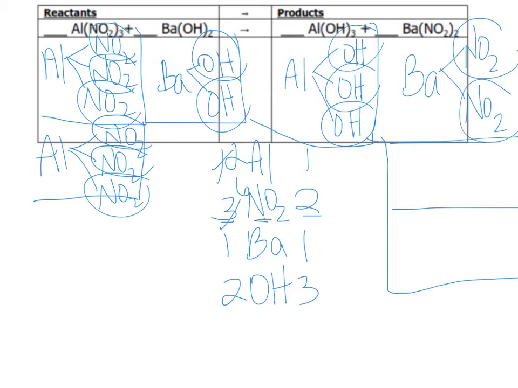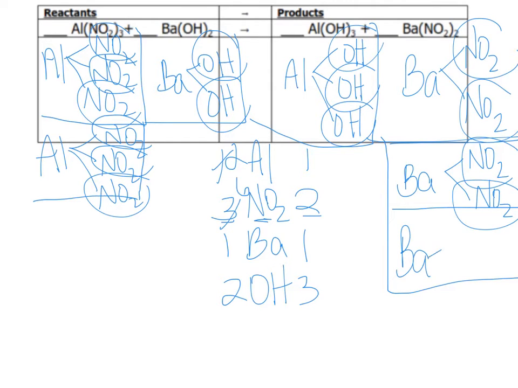And in order to do that, I'm going to need to draw this 2 more times because each one of these only has 2. And one more. So we'll update. We've got 3 BAs and 6 NO2s.